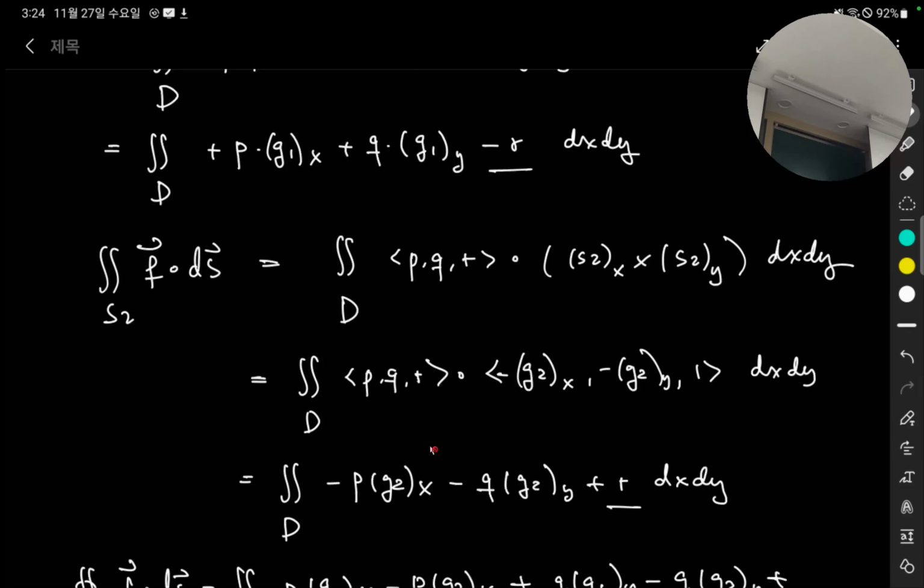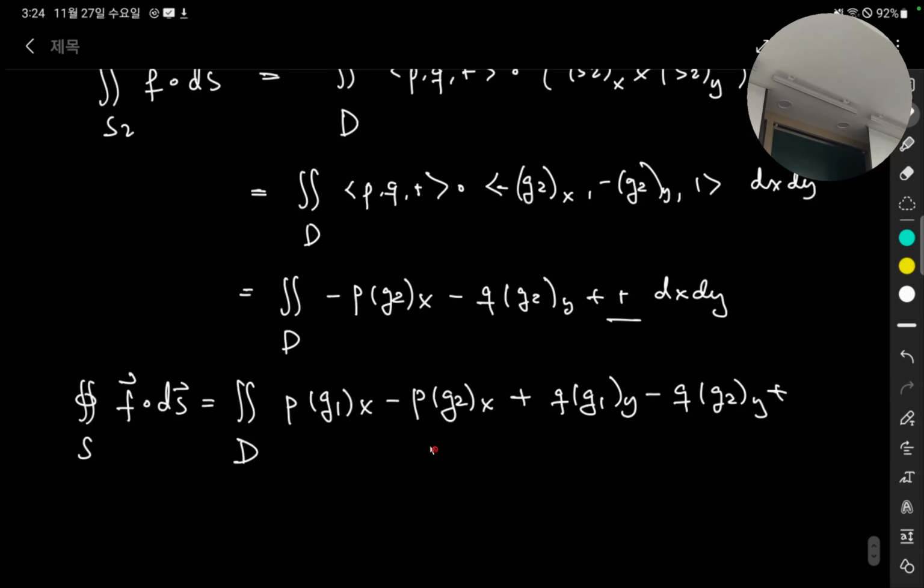So they're not canceling out each other because, again, PQR is a three-variable function, but we consider it as a two-variable function by replacing the z coordinate. So when you take the S1 surface, the z coordinate follows the graph of the G1 function. On the S2 part, it follows the G2 function.